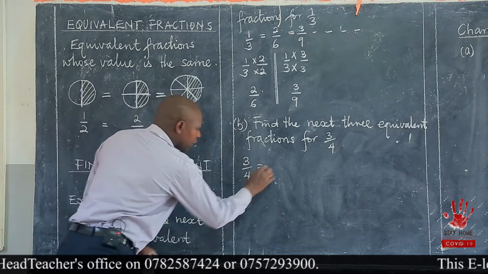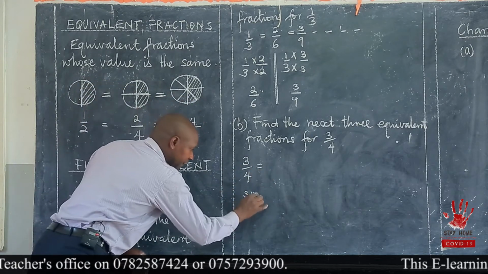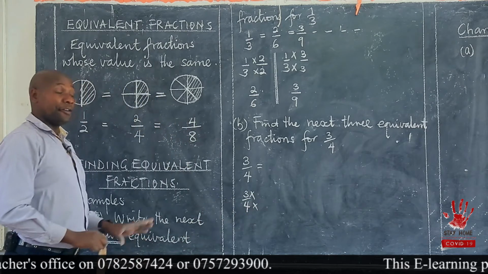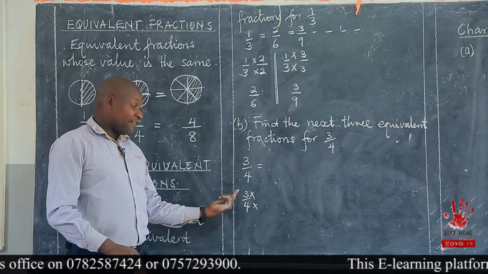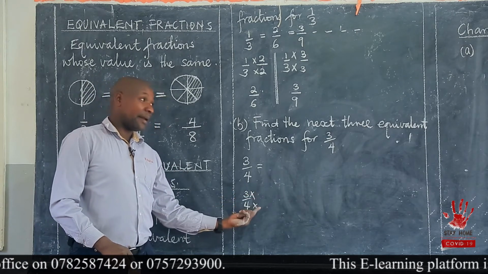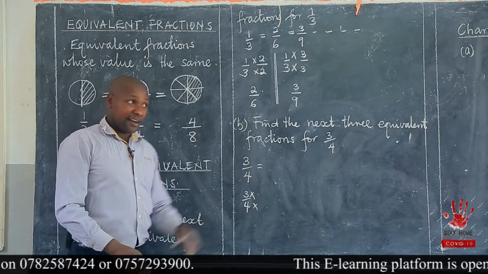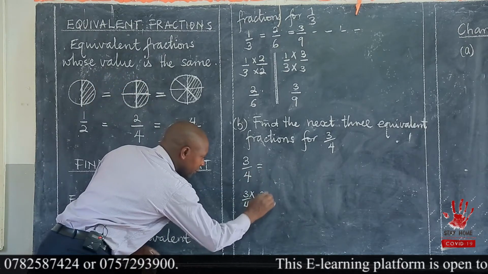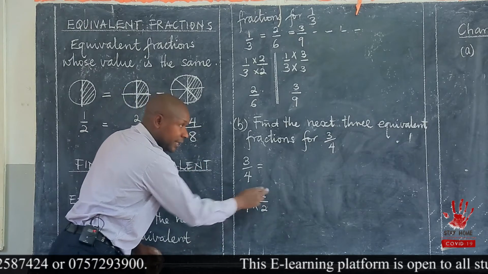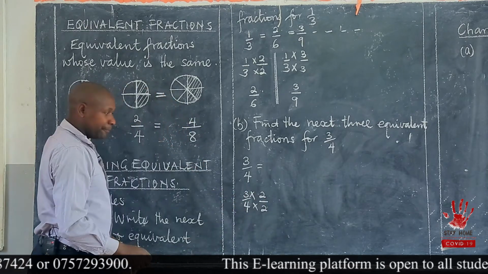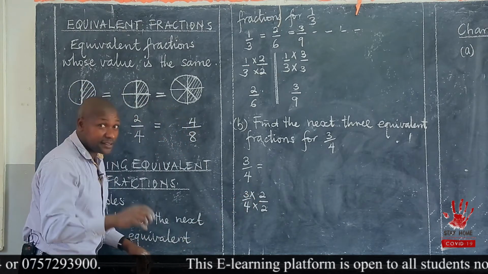So we shall have our 3/4, as you can see. I said we shall multiply by counting numbers in order, but we cannot begin with 1. Why? When you multiply by 1, 3/4 will come again and we cannot write it again. Therefore, we go to the next counting number, which is 2. We multiply 2 by the numerator, then 2 by the denominator. Therefore, this gives us 3 times 2. Somebody saying 6. Good.